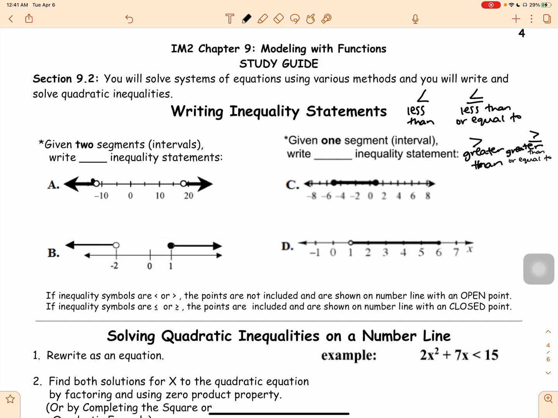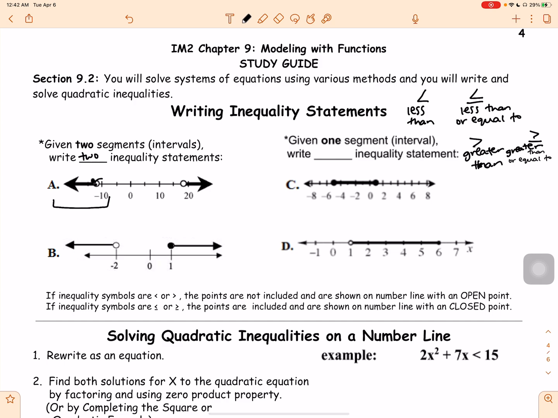So here we go. So it says given two segments or two intervals, we need to write two inequality statements. Okay, so first let's just focus on this area right here. I'm not sure why the dot is not exactly on this.